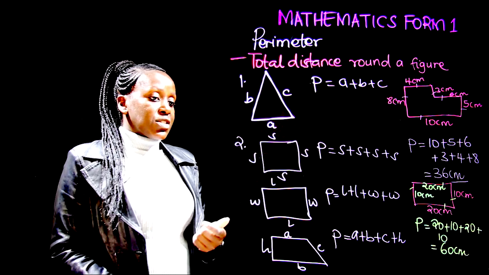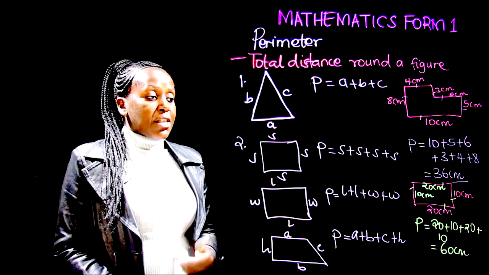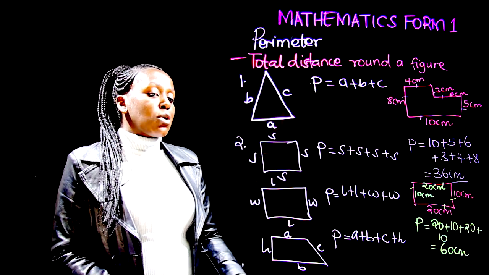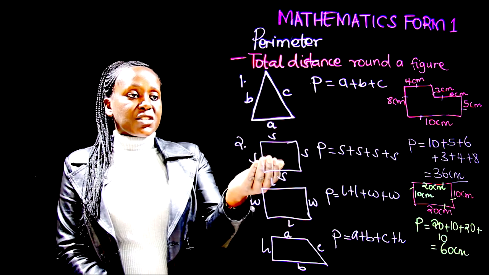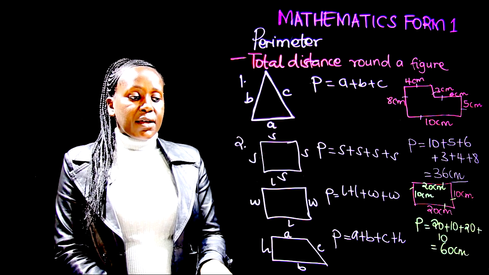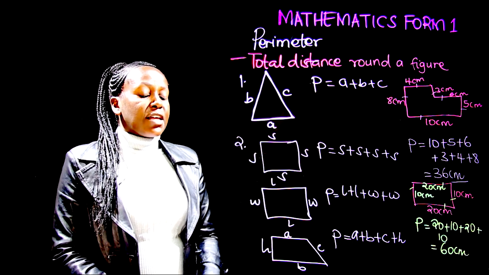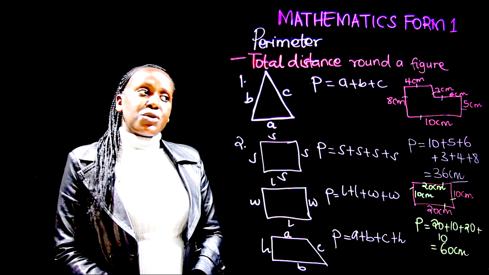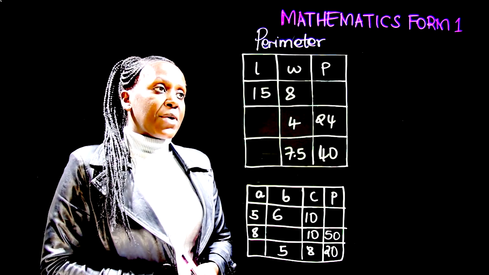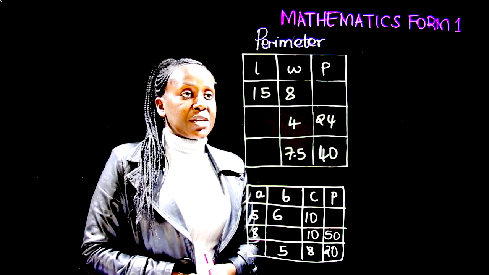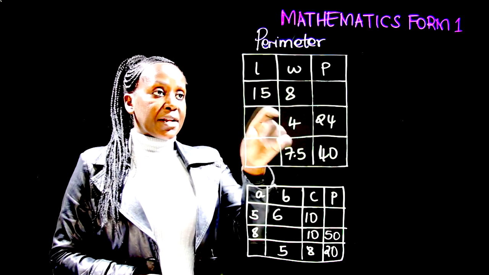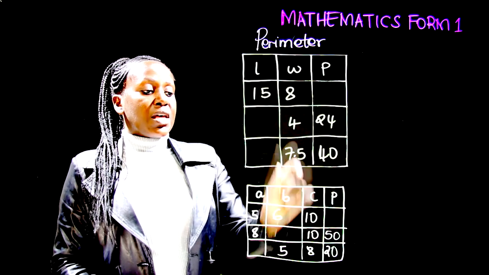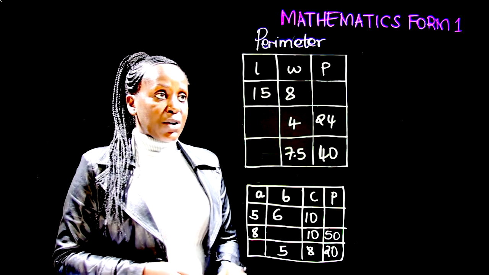Now, in some questions, you are given the perimeter itself and maybe one side, like in the case of a square and a rectangle, and then you're asked to determine the value of the other side. So how do you approach that? Now here we are dealing with two scenarios. In the first one, we have rectangles, and then in the other one we have triangles.